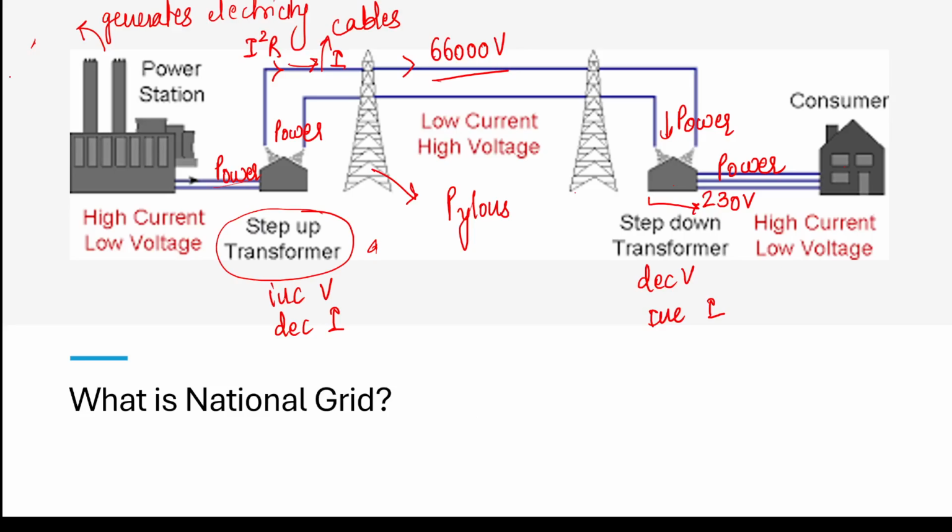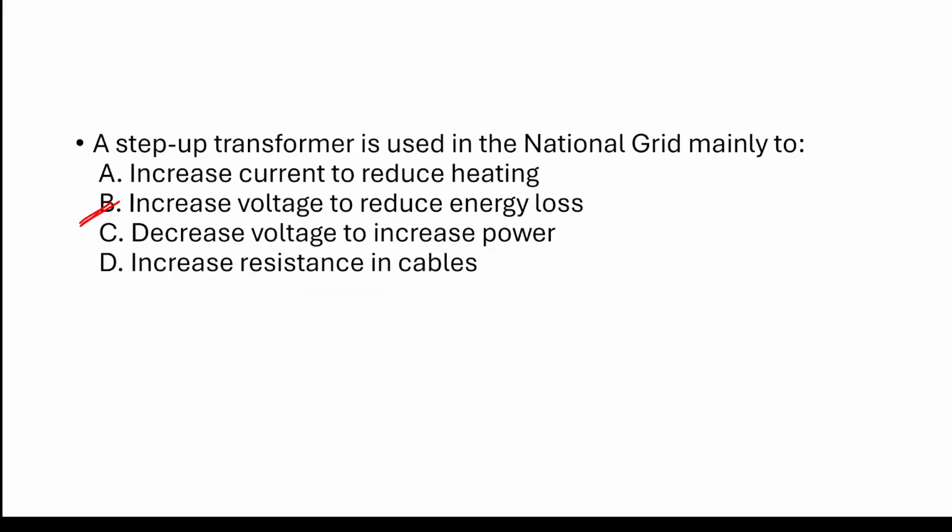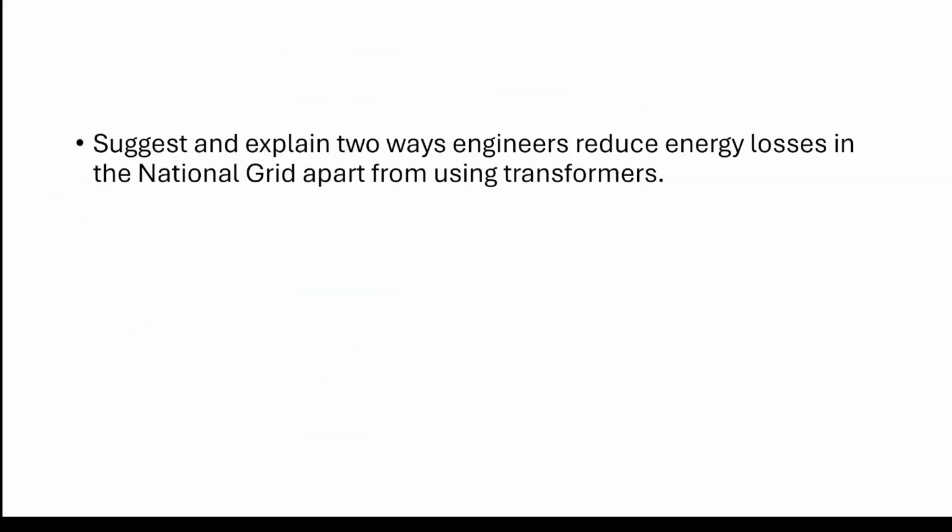If I can somehow decrease the resistance, a thick wire would have very low resistance. So I can reduce the resistance by using thick wires. Very thick wires would have less resistance and hence less thermal losses.